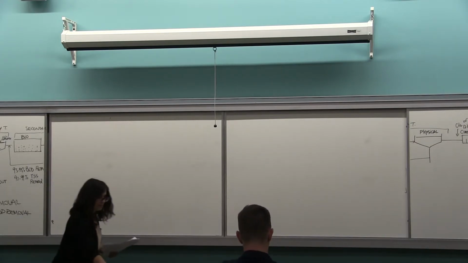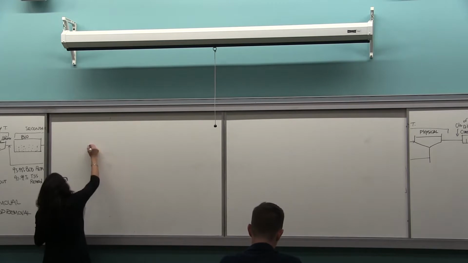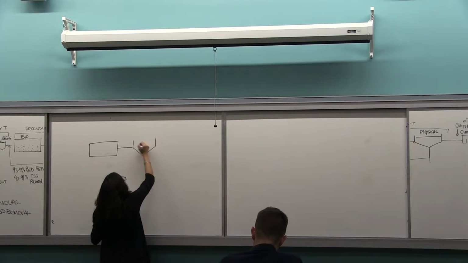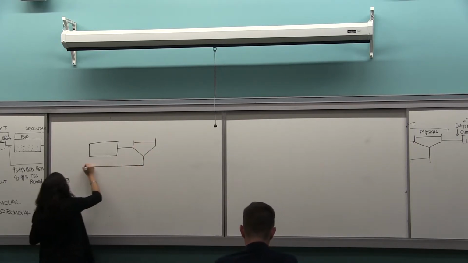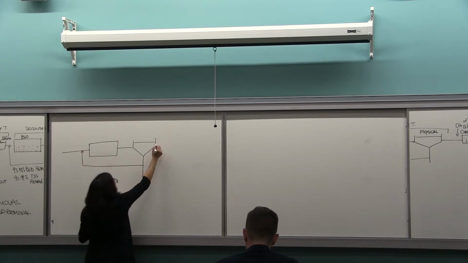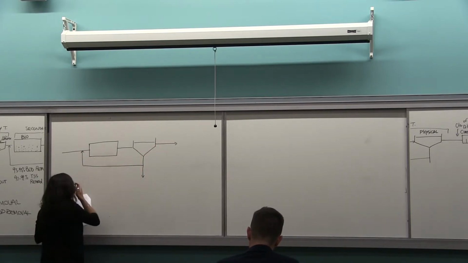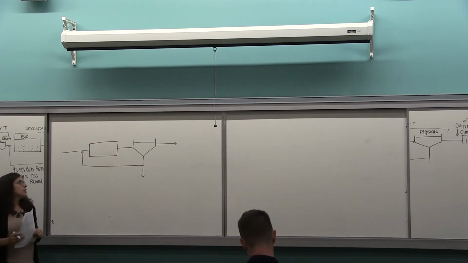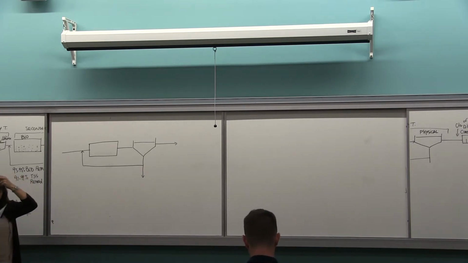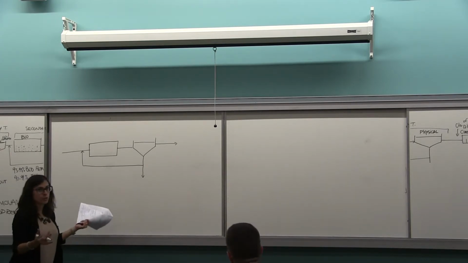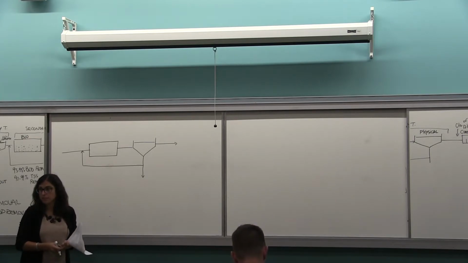All right, so I'm going to redraw your secondary process. What I draw on the board and what you have in the handout is what we call the secondary process, and the typical secondary process that we use is the activated sludge system.